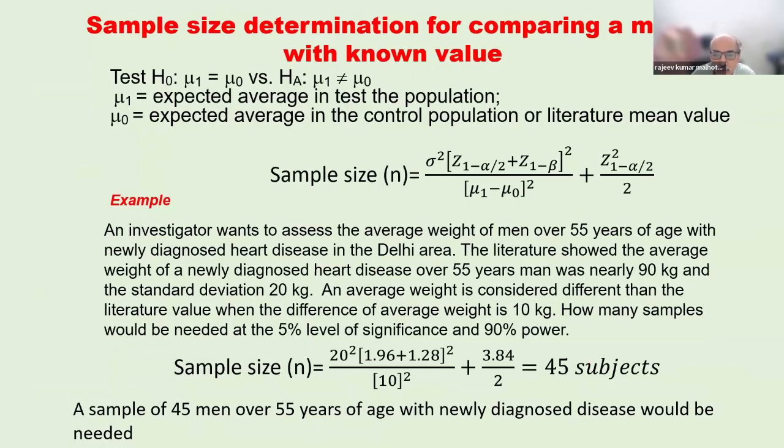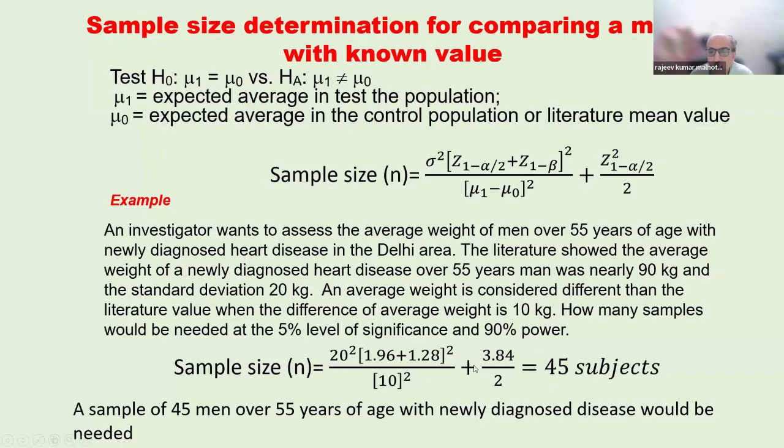So I substitute these values. At a 5% level of significance, the Z value, as I explained yesterday, is 1.96, and for the 80% power, the value of Z is equal to 1.28. That I square here. The standard deviation is 20 squared, and the clinical difference of the mean is 10 squared. Plus you have to add 3.84 for the formula, that is the Z square, 1.96 squared divided by 2, which gives a sample size of 45 subjects.